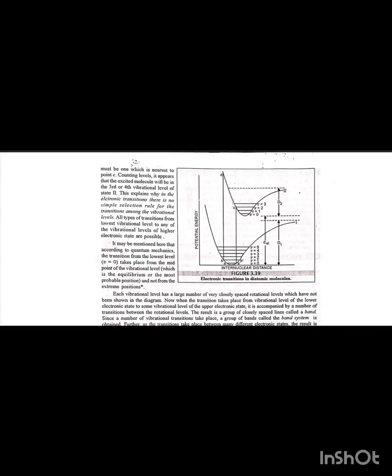All types of transitions from lowest vibrational level to any of the vibrational levels of higher electronic states are possible. It may be mentioned here that according to quantum mechanics, the transition from the lowest level v = 0 takes place from the midpoint of the vibrational level, the equilibrium or the most probable position, and not from the extreme positions.